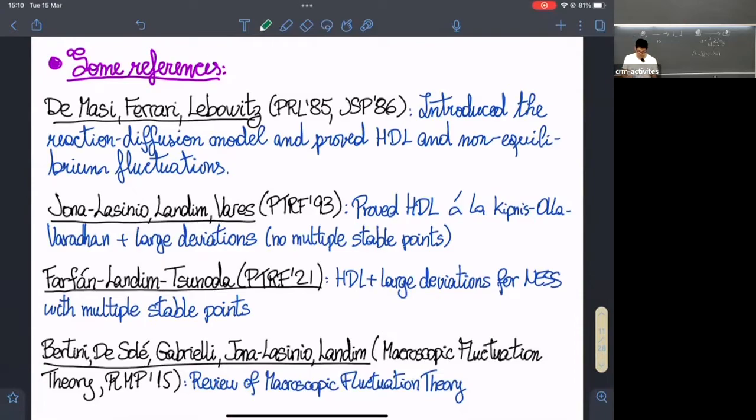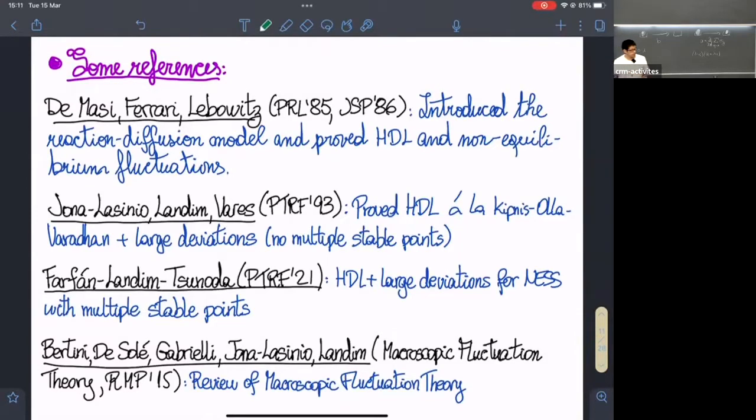Later on, in '93, Jona-Lasinio and Presutti, they reproved this hydrodynamic limit, basically following Guo-Papanicolaou-Varadhan. So in '93 there was this Guo-Papanicolaou-Varadhan theory of hydrodynamic limits available, which makes all this type of results somehow simpler to get.